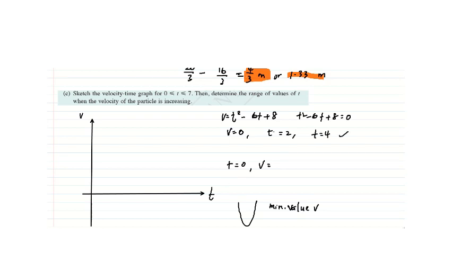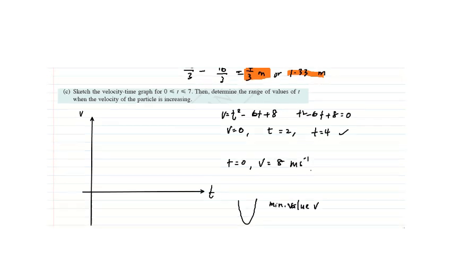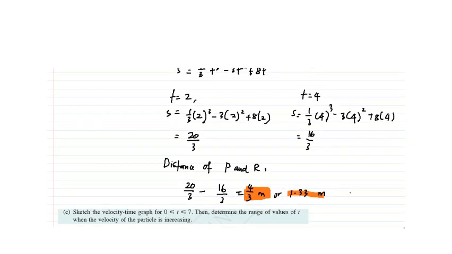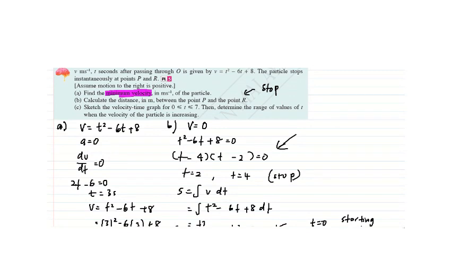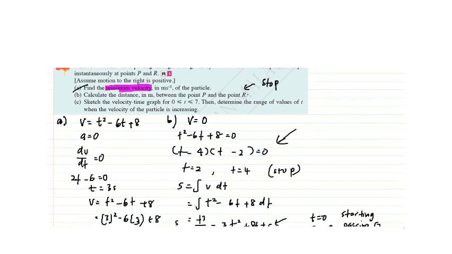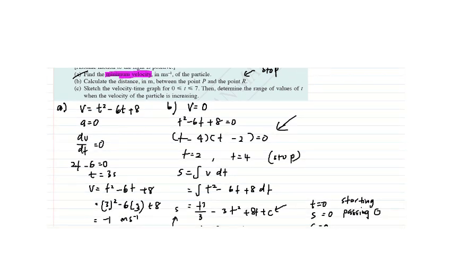And then when t equal to 0, velocity will be equal to 8 meter per second. And minimum value of velocity we already got from question A. Minimum velocity is also the minimum value in a graph. So minimum velocity we got from A, it is negative 1 meter per second when t equal to 3.